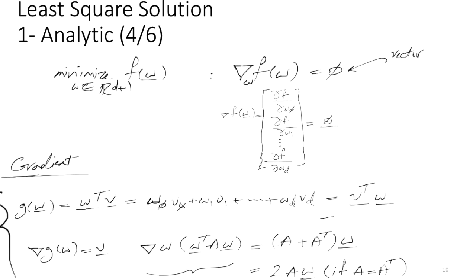If you take the derivative of that, so you're going to have w transpose aw, and then it becomes a plus a transpose w, and that's 2aw in the case that a was equal to a transpose.